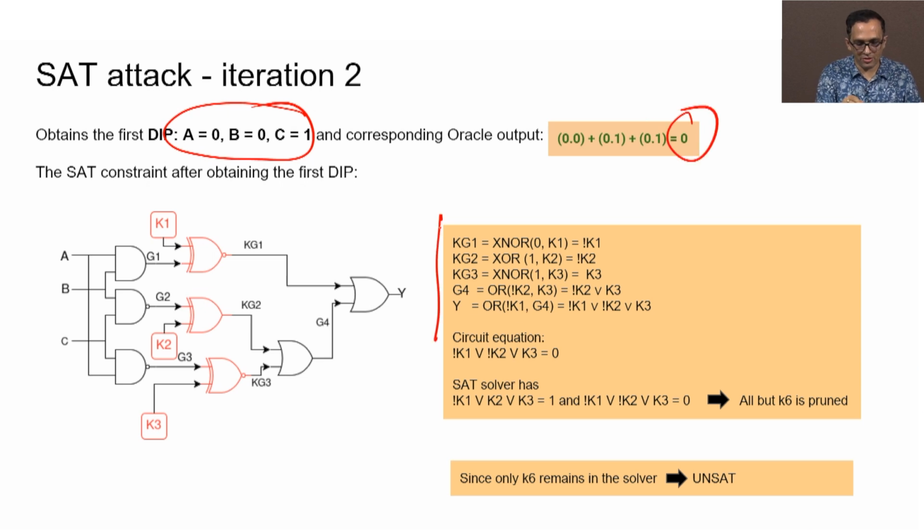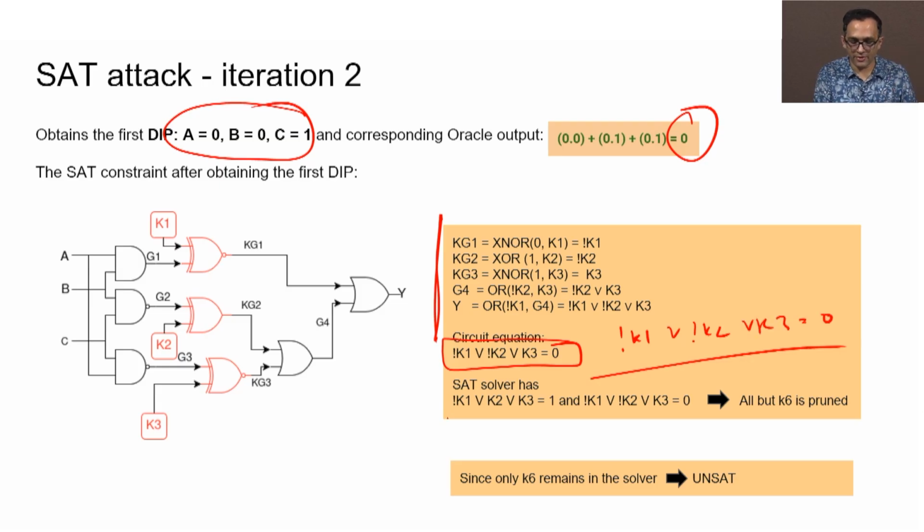Again I put these values of A, B, C into the equations and I get this equation, which says that not K1 or not K2 or K3 should be 0, and you already have the equation not K1 or K2 or K3 should be 1. If I combine these equations together, it effectively says that all keys are eliminated; only K6, which is 110, will remain. You can cross check.